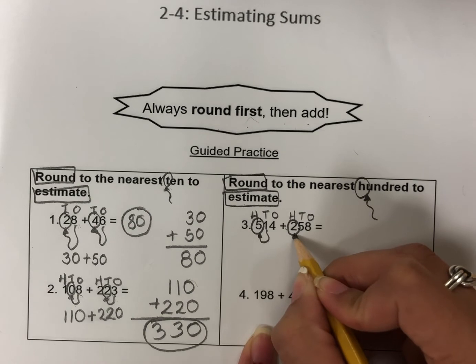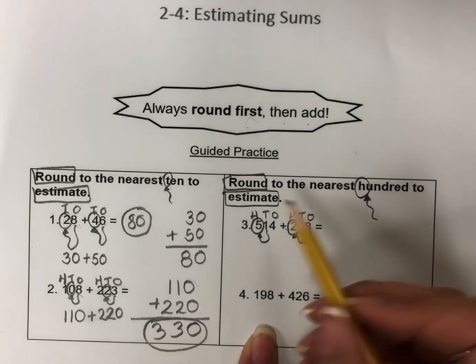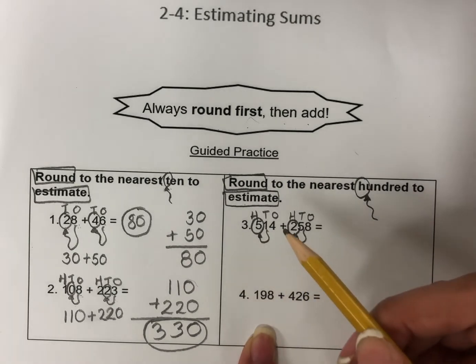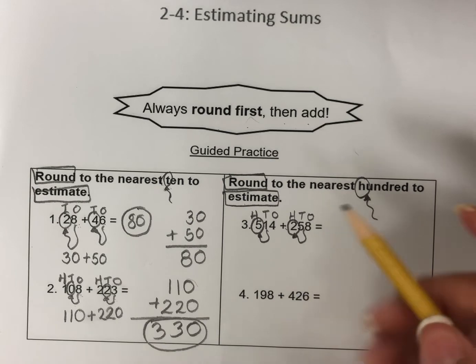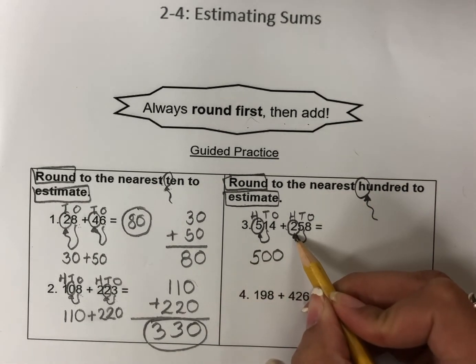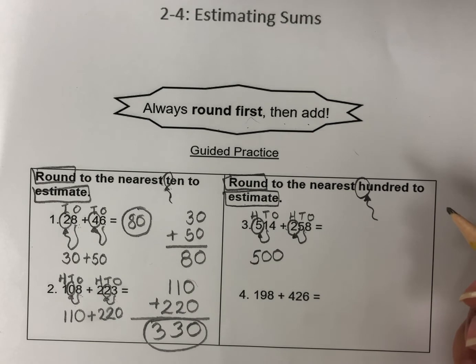Attach my string, and it connects to the digit to the right in the tens place. 5 in the balloon, 1 at the string. If we let go one finger, we're still holding on to the string. The balloon did not leave our hand, so we have 500. Over here, 2 is in the balloon, 5 is at the string. Remember, if the digit at the string is 5 or greater than 5, we're going to let go of the string.